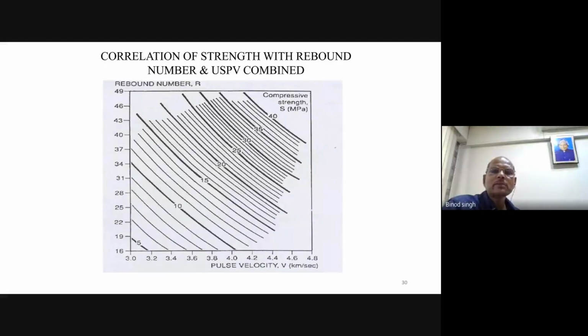With this we can find the relation between ultrasonic pulse velocity, rebound number and compressive strength. With that chart you can approximately say what the grade of concrete is, because the code only says poor, doubtful, excellent, like that.